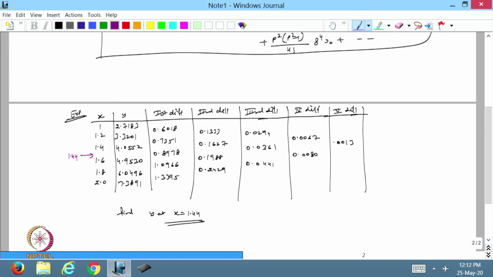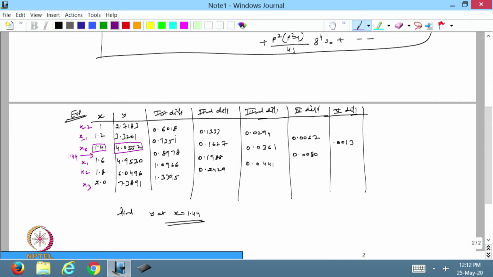It means if I need to find this value, then I will choose this value as x naught. So this will be x naught, this will be x minus 1, this will be x minus 2, x1, x2, x3. If it is x naught, this will be y naught. So this y naught I will take.